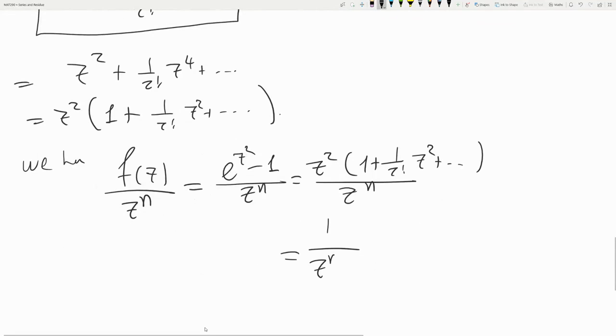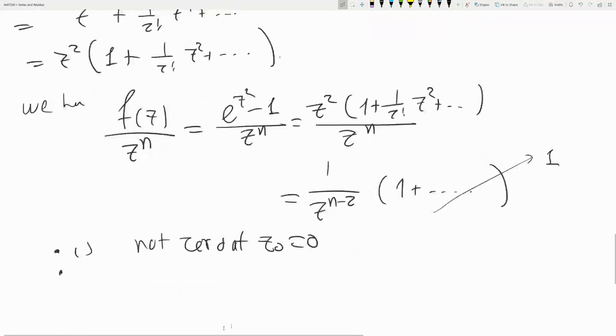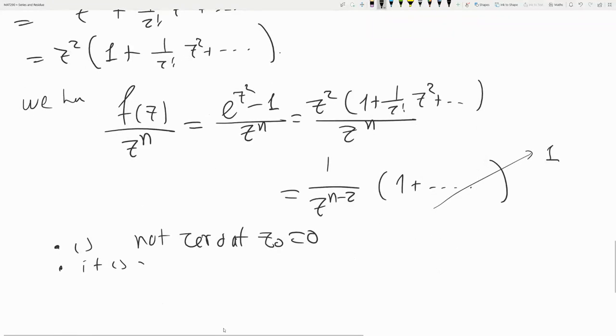We have z to the n minus 2 times all that stuff. And this other factor is not 0 at z equals 0. If you plug in 0, it becomes 1. And it's analytic only for n equal to 2.